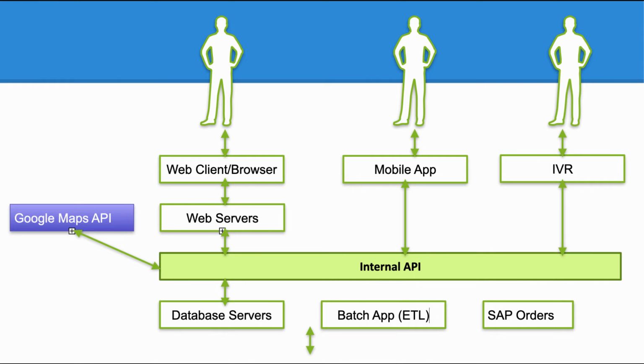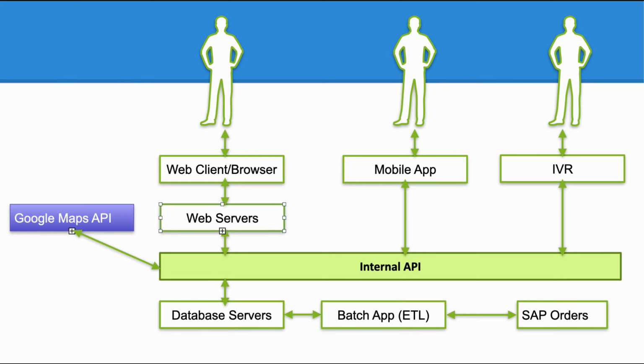And what it would do is it would run on a nightly basis, fetch information from my database server, and then send it to SAP so we can do the order fulfillment, right? So this is an example of how we could talk to a web service real time. This is some type of batch ETL process that I'm building, so you could send information to some backend system, right?